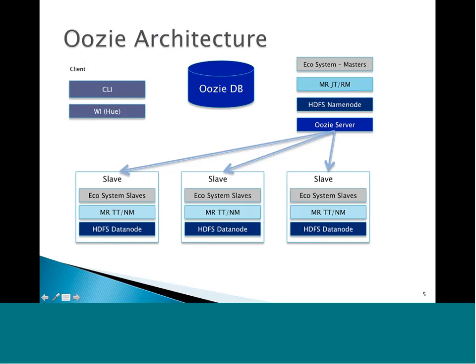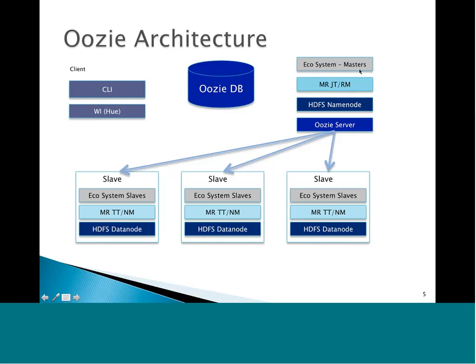As I mentioned earlier, apart from HDFS and MapReduce, we have non-MapReduce tools also in the cluster. Examples are HBase or Impala. Instead of defining all the masters, I just grouped them as ecosystem masters. If you are talking about HBase, the master for HBase is HMaster, and the slave is the region server.